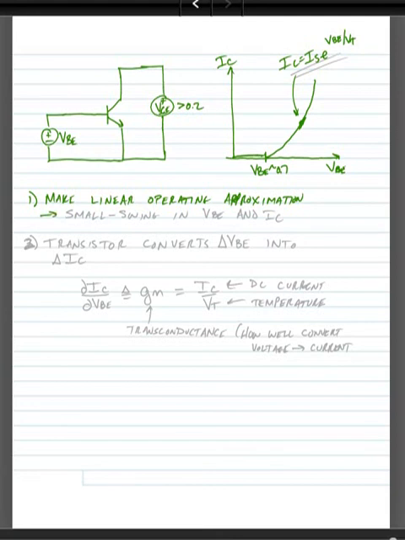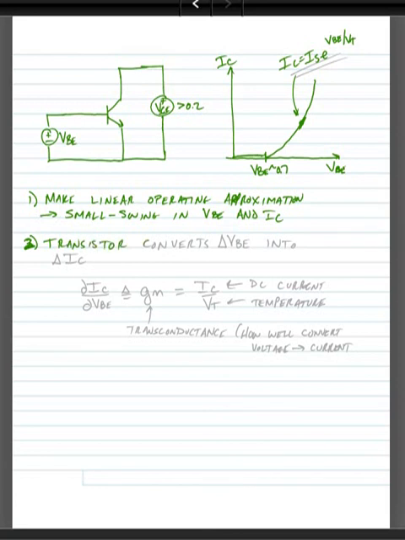So ultimately what we're saying here is that we have a small swing in VBE and IC. The transistor effectively just converts voltage to current.